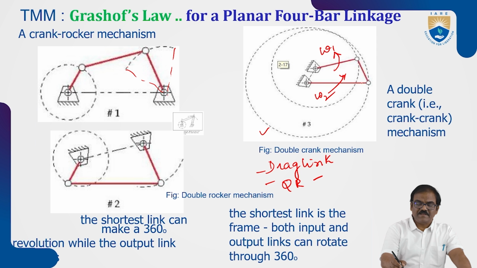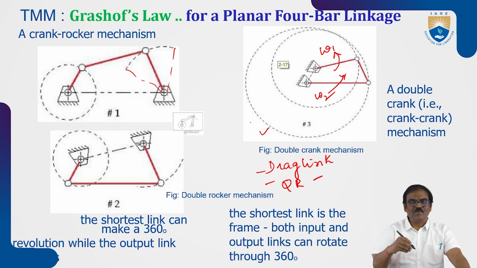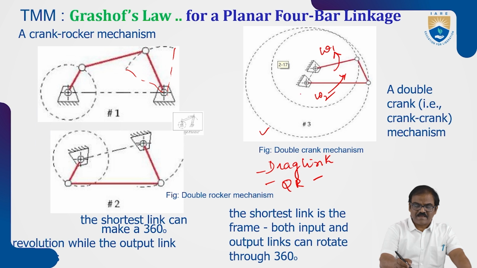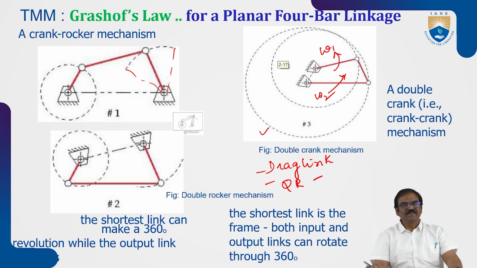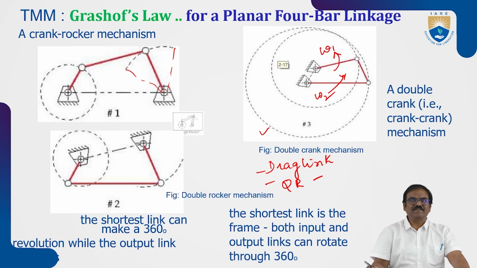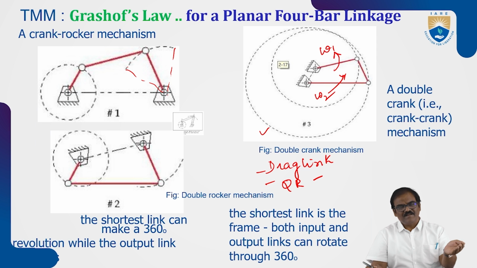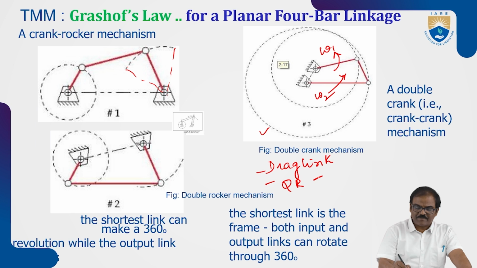Therefore, the output link will have more acceleration and retardation. So what is happening? The time is the same for one complete revolution. That is the reason in a certain orientation it moves quickly, in the other orientation it retracts quickly, and this we call the quick return mechanism.